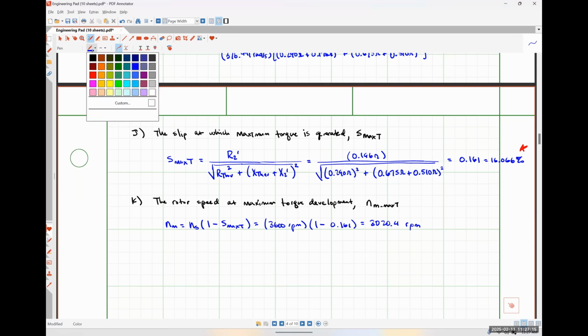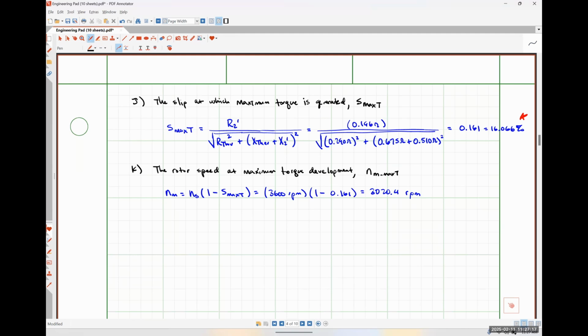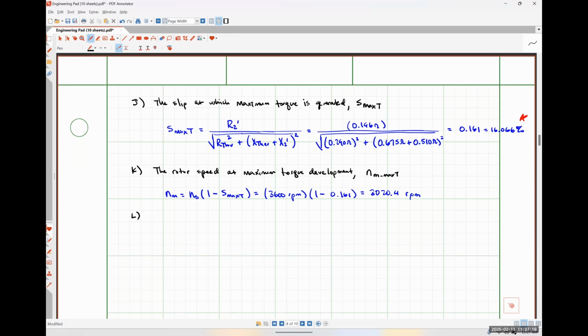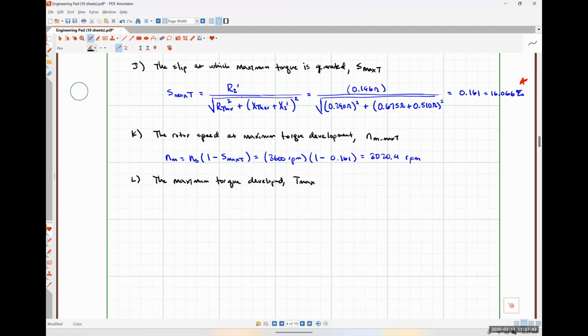And then the last thing would be our maximum torque developed. So this is just direct application of one of the equations that I introduced today.